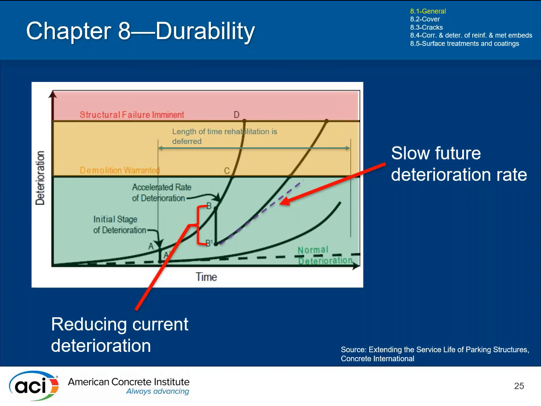It doesn't necessarily need to be demoed. You have a lot of value in there, but we want to make the structure better. So most of what people have been talking about up to this point is really going from B to B prime, so that reduction of deterioration.